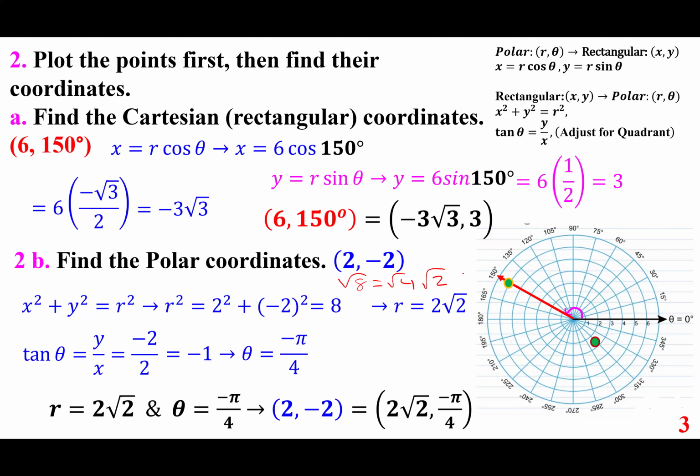So we write r is 2 square root of 2, theta is minus pi over 4, and therefore the pair 2 comma negative 2 is the same as 2 square root of 2, minus pi over 4. If you want this to be positive, you add 2 pi and you get 7 pi over 4, and that's just as good.